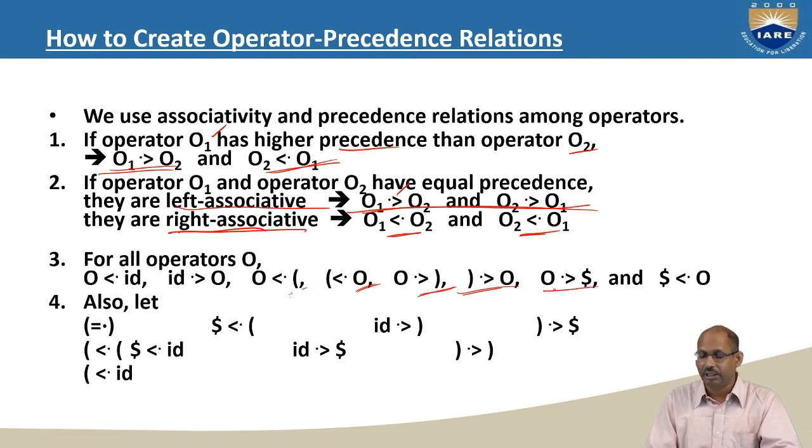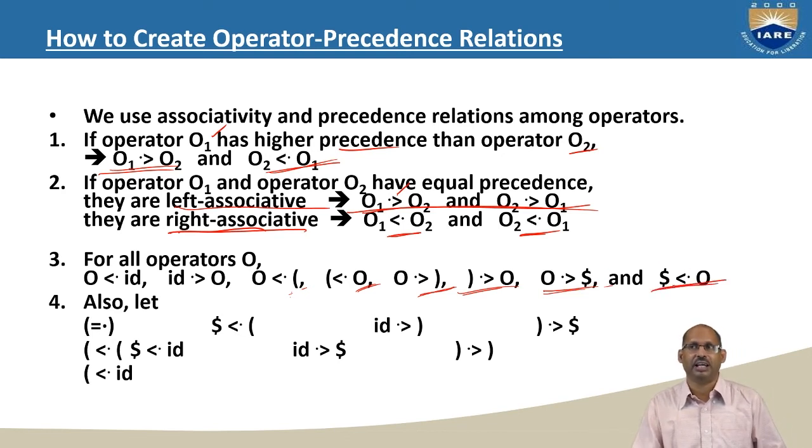Then the operator has higher precedence than dollar sign. The dollar sign has less precedence than the operator. Right? So these are the relations between ID, operator, parentheses and dollar sign.